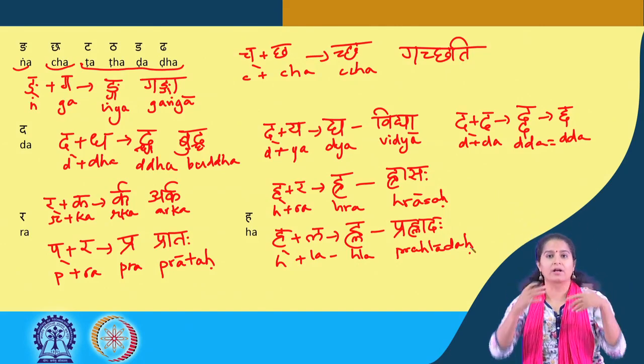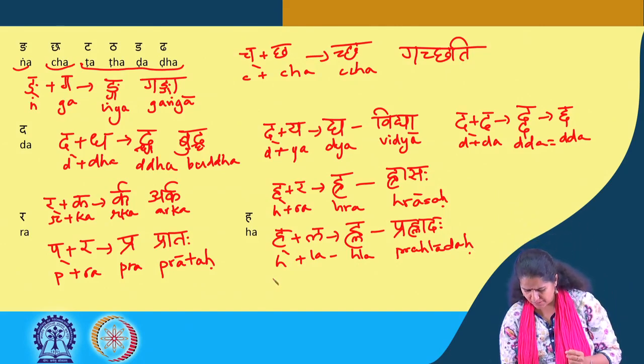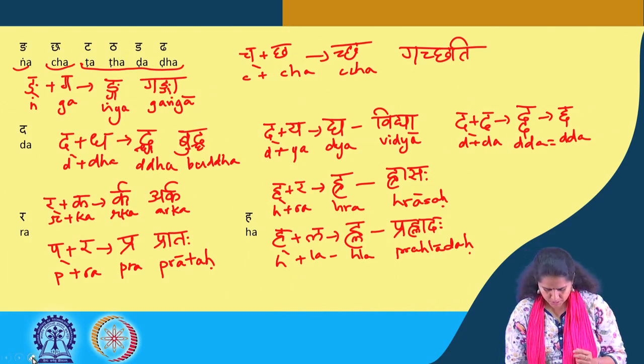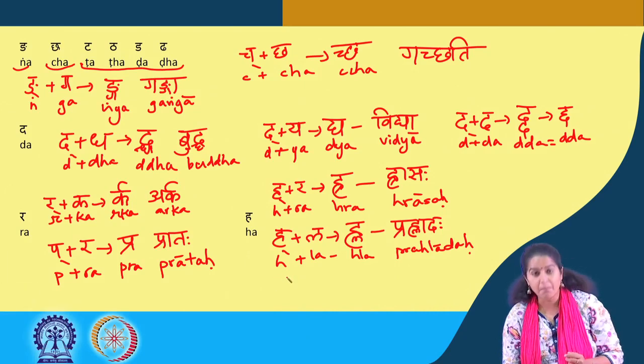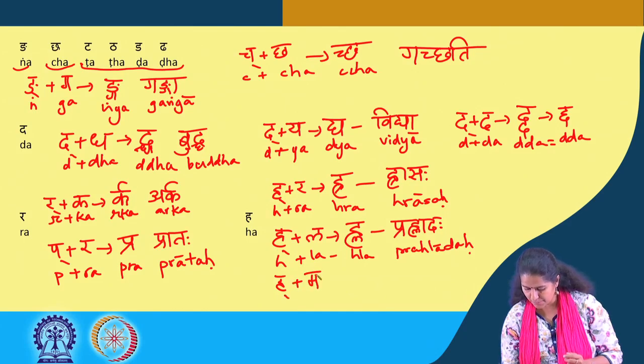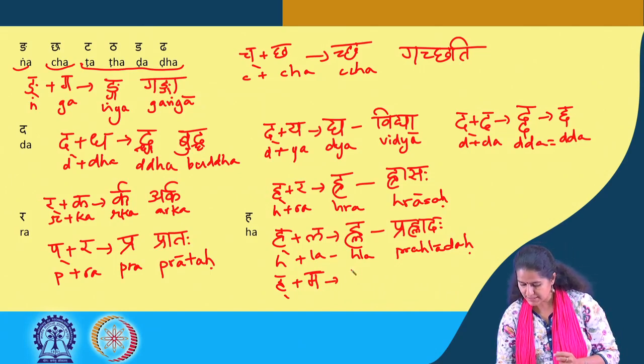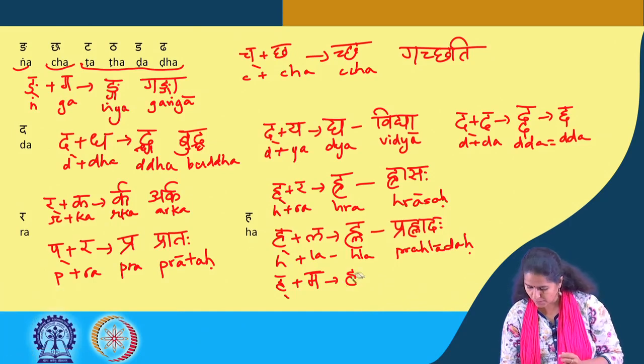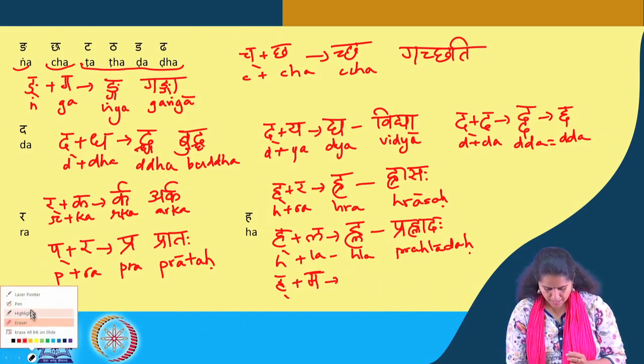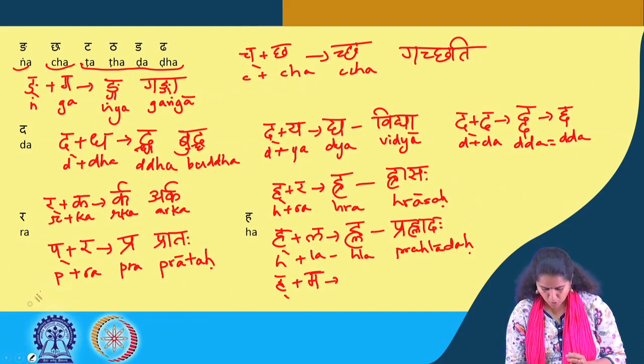Okay, the last one that we will look at here with the ha is when you have a double touch point with the Shirorekha. What happens in that case? Another very important word is the word Brahma. It is a combination of h plus the letter ma, which has a double touch with the Shirorekha. What happens in this case is one of them gets into the stomach and the other one sticks out and joins the top of the letter.